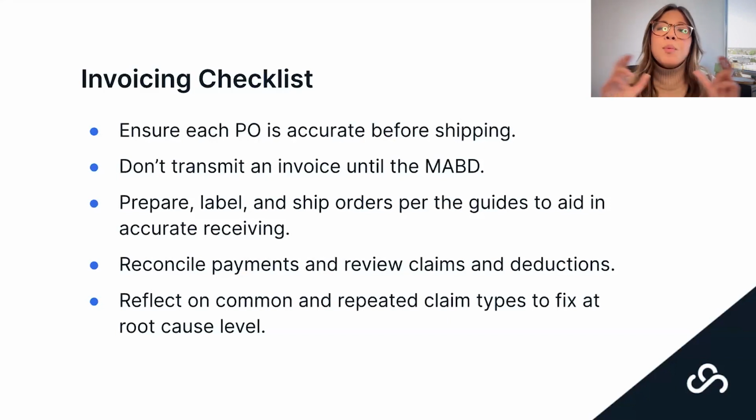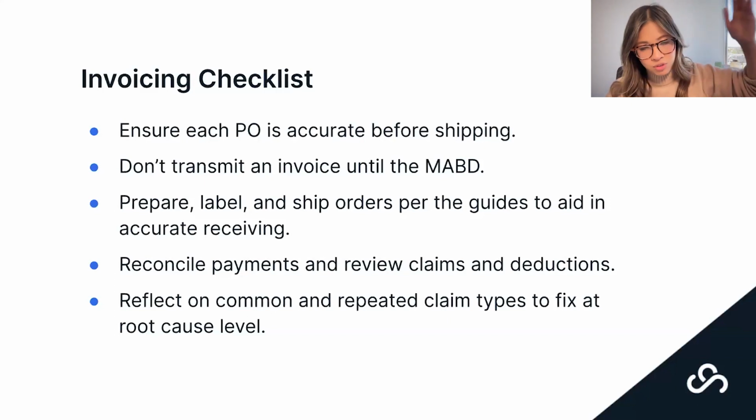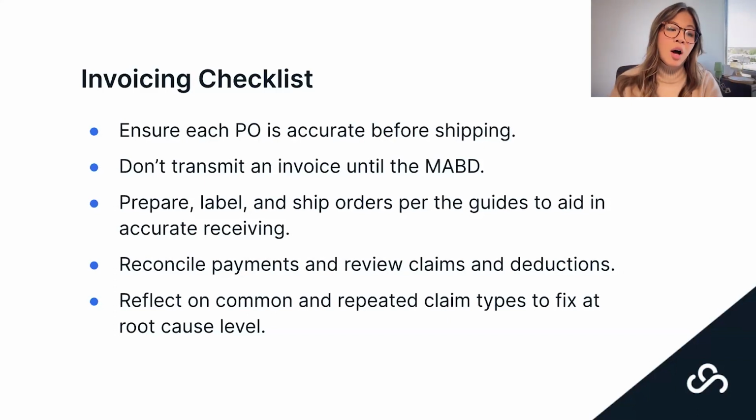And then again, to help contextualize why it's important to get it right early, deduction disputing can take a really long time because this is something that Walmart has outsourced to a third party. On average, we found earlier this year they were a little bit slower to respond. There's a whole long list of reasons behind that, but essentially they were taking about 60 to 75 days to get back to you on a deduction dispute.